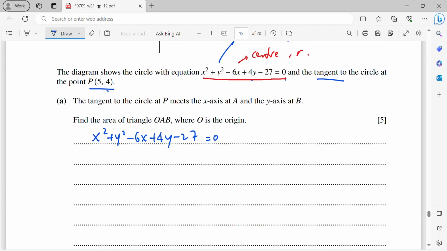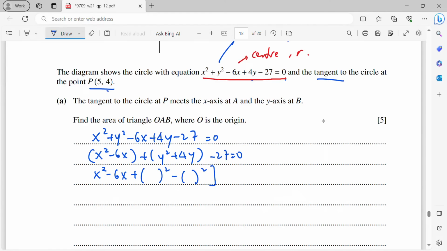So now I will rewrite first: x squared minus 6x plus y squared plus 4y, then minus 27 equals 0. Then I complete the square. Rewrite the first two terms, plus bracket square minus bracket square, this is for the x.